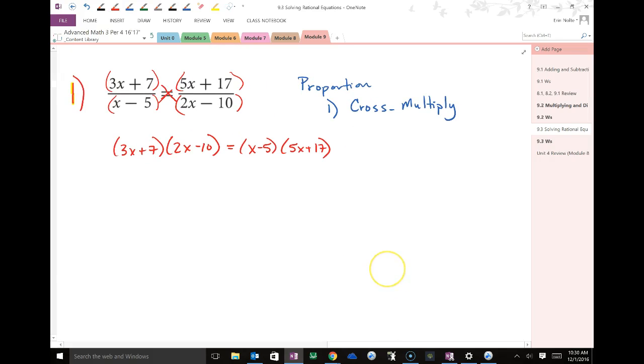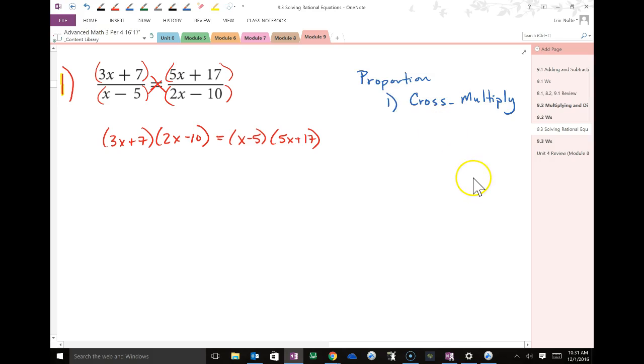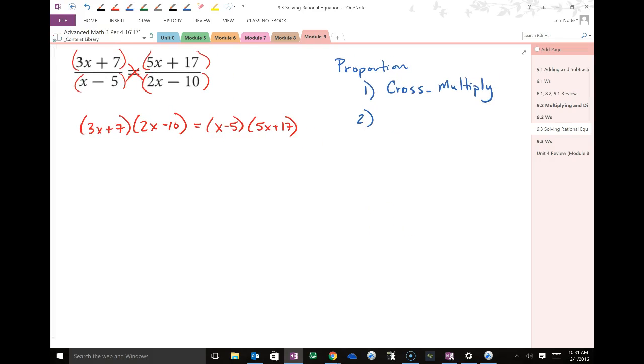Okay, so now the nice thing about this red equation that I just wrote is that I don't have fractions anymore. So how do I go about solving this? Okay, so can we say our second step is going to be distributing or getting rid of parentheses or foiling?